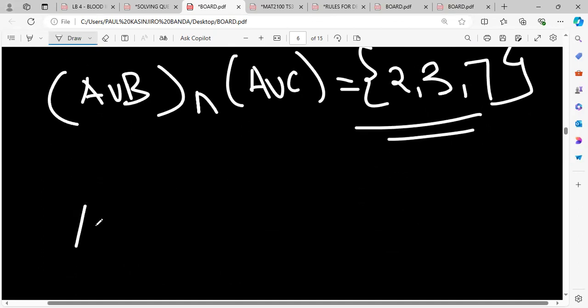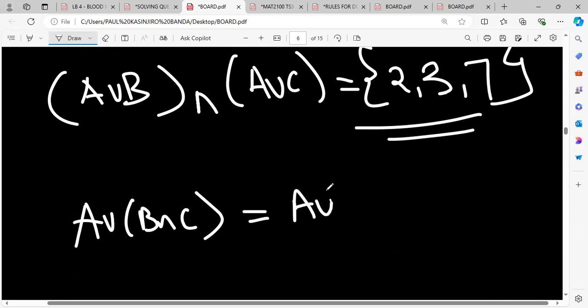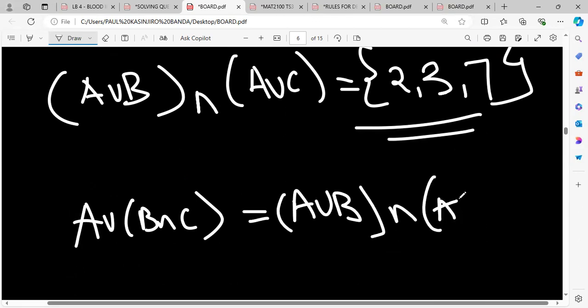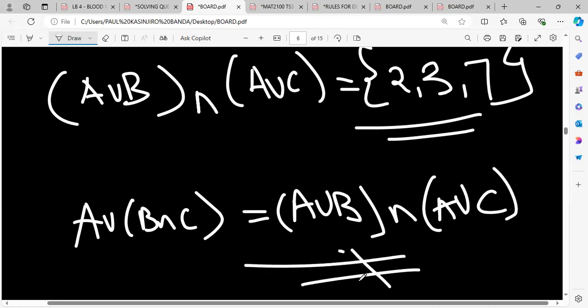It means that A union B intersection C is actually equal to A union B intersection A union C. Since we are able to prove that they contain the same numbers, we can say hence proved.